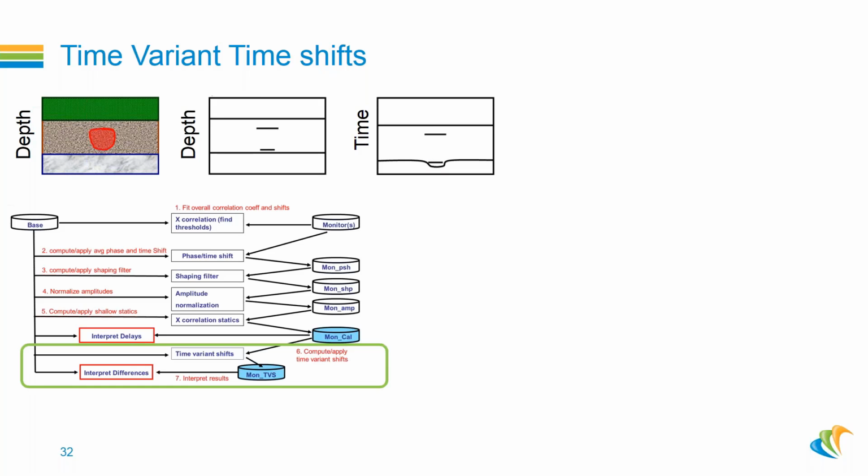So up to here, this is the place where we have this data set. Everything is corrected. We have base and monitor calibrated to each other, but we have this time delay in the monitors. We can remove those time delays in the monitors using the time variant time shift applications, which are available here.